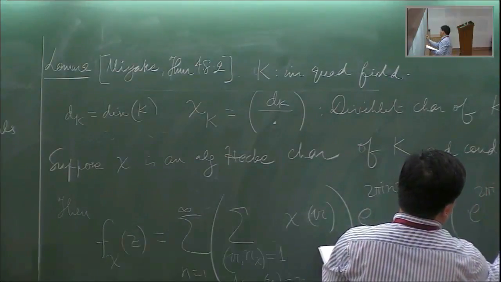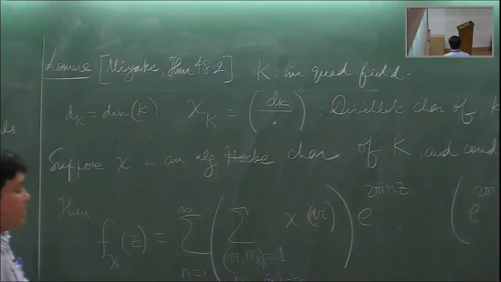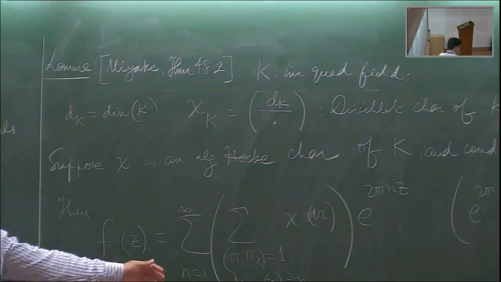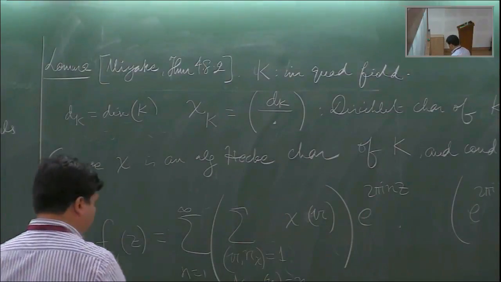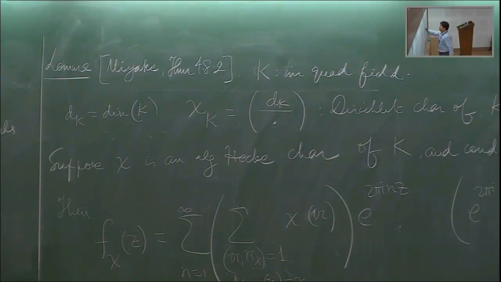We have always used the notation q for this, so this is q to the power of n. This power series expansion is a cusp form. That's the conclusion of the statement.